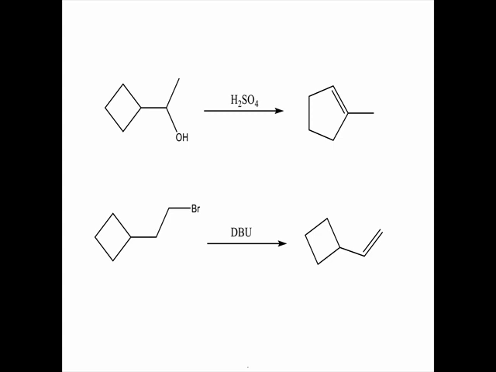Can that rearrange? Actually, it can. Doesn't really matter in this case, because whether or not it rearranges, you get the same product. How would that rearrange, though? What would have to move? Notice I've already got the final shape, if you will.